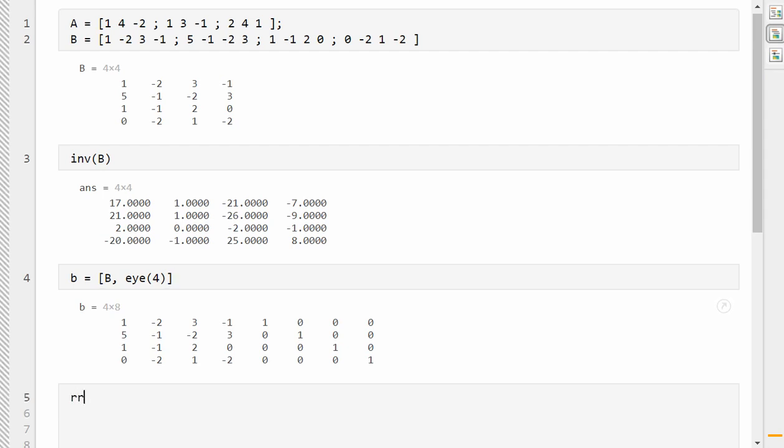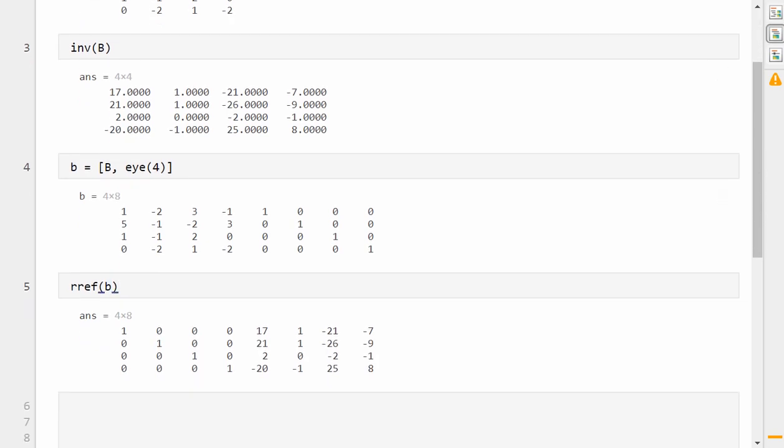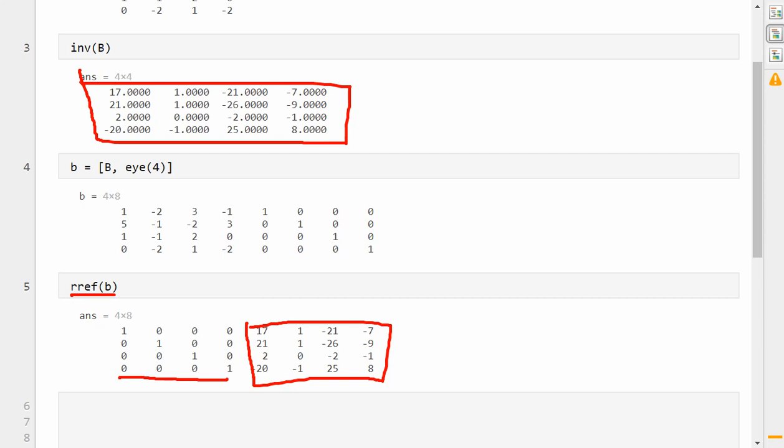And now I can row reduce this augmented matrix. The only point with this is that when I get this augmented matrix into RREF, the thing I have on the right side of the augmentation bar is in fact the inverse matrix that we calculated. For example, you can look at the fourth column: -7, -9, -1, and 8. So we're matching up either way we go.